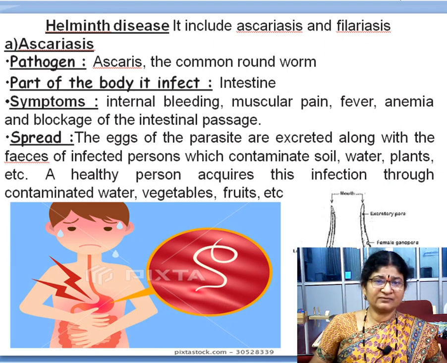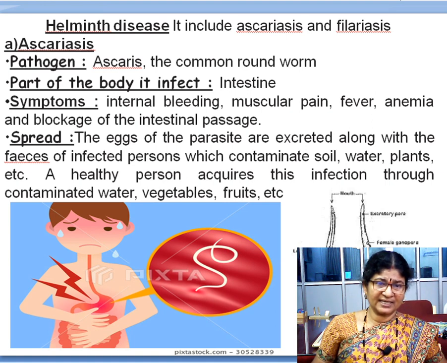As these worms grow in the intestine, when a sufficient number of worms are formed, it leads to blockage of the intestinal passage, and often the person will get pain in the stomach. Now how does the disease spread from person to person?